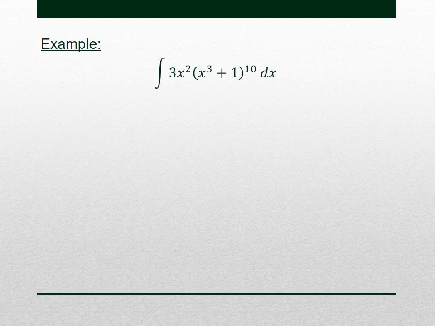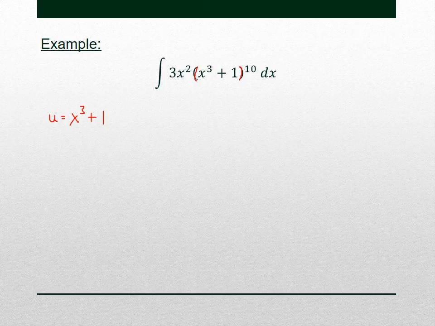What does that look like? Well, in this case, what we want to do is let U be all the stuff that's being raised to that 10th power. That's the guy that'll be helpful here. If we choose anything else for U, it's not going to be very helpful. So we want to let U be that x cubed plus 1.